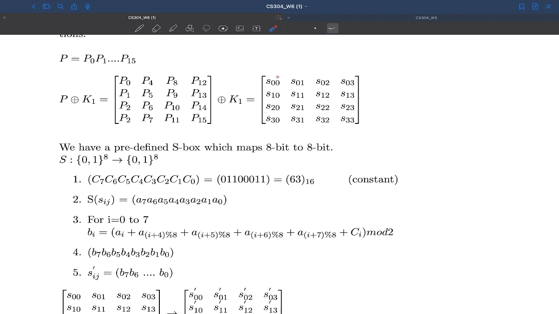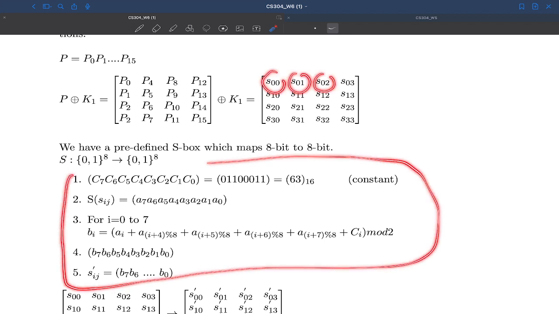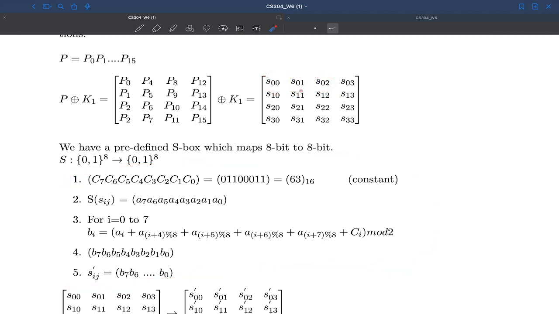These steps are performed for each cell. First we perform for S00, then S01, then S02. So these 5 steps are performed for every entry of my matrix. So let's say in general we are performing these 5 steps for an Sij entry.